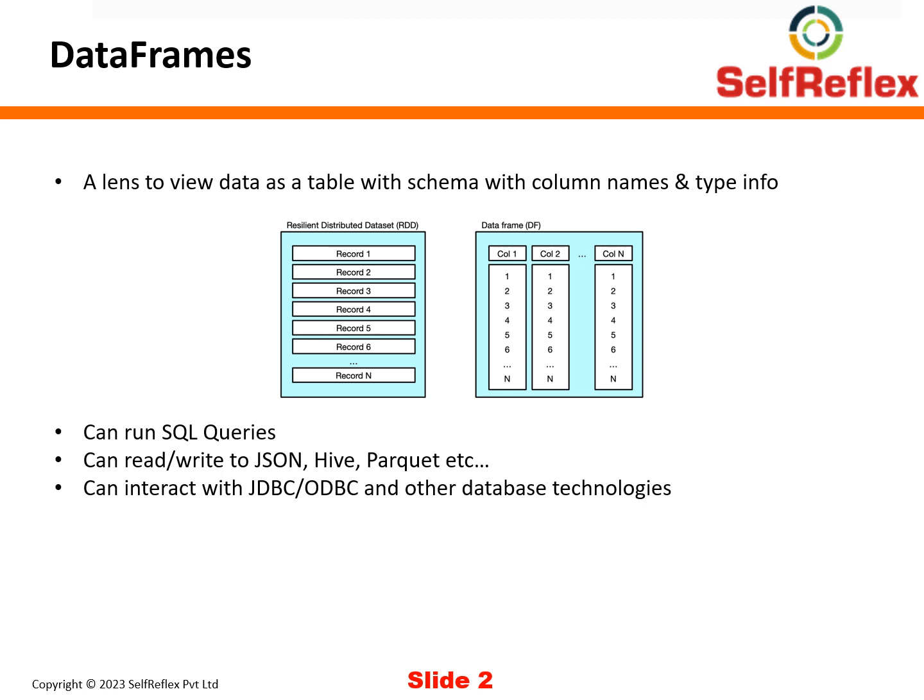Data frames can be created from various data sources, including structured data files like CSV, JSON, Parquet, etc. They can interact with JDBC, ODBC-like database technologies, and they can obviously interact with existing RDDs. You can convert your existing RDDs into data frames and so on.